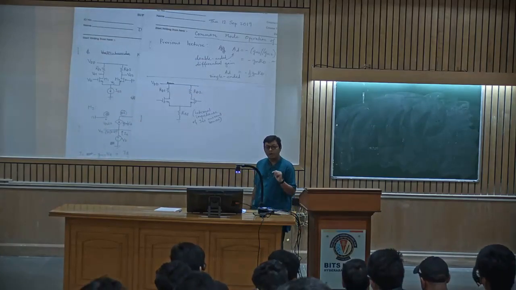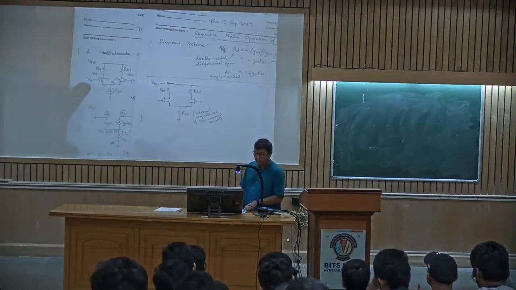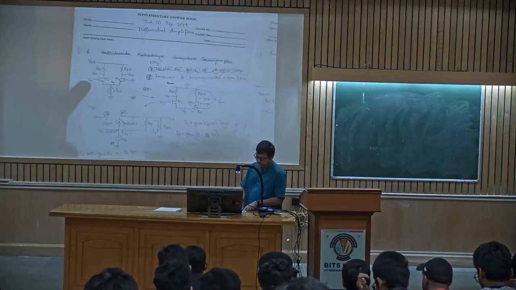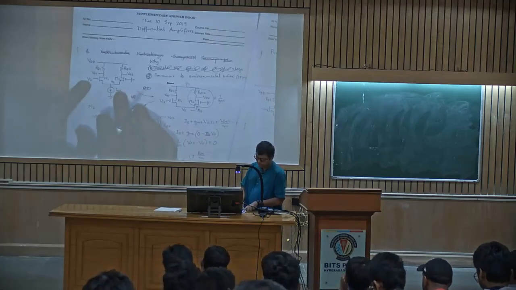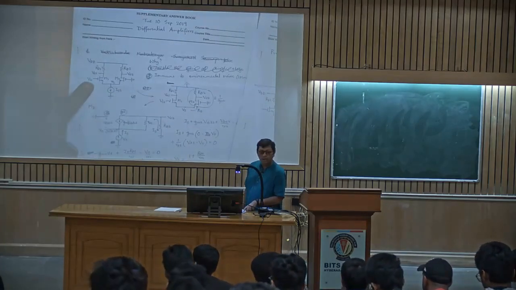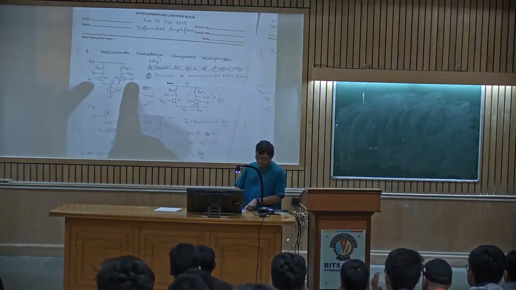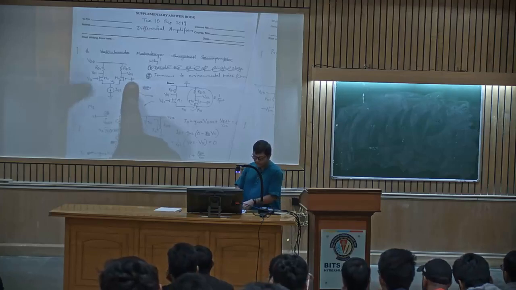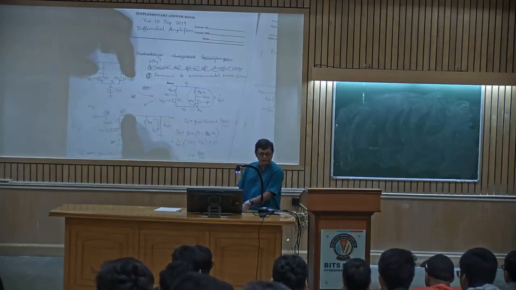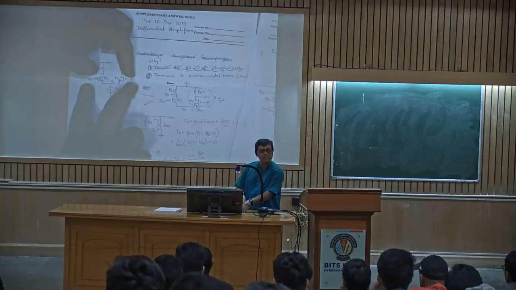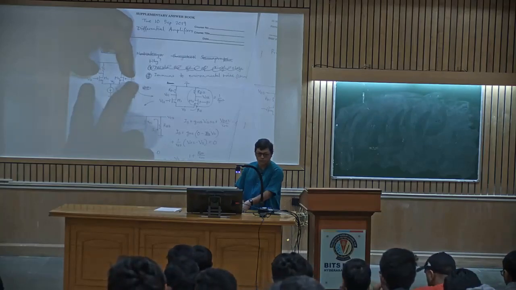Okay, now previously, yesterday's last lecture, 2 days ago, Tuesday's lecture, we ensured that the two inputs were totally different. One was ground, the other one is VI1. So essentially the net input VID was VI1 minus 0. Okay.